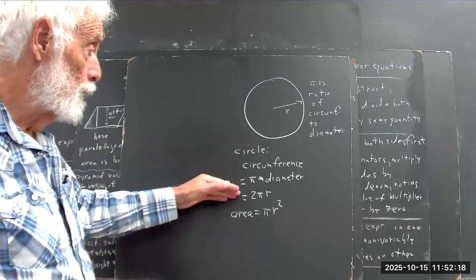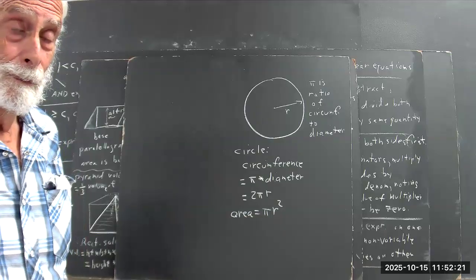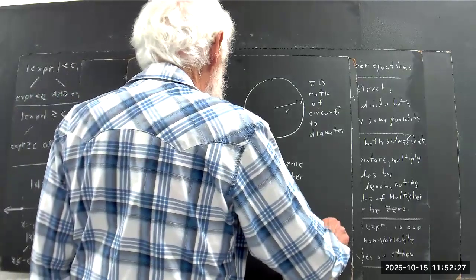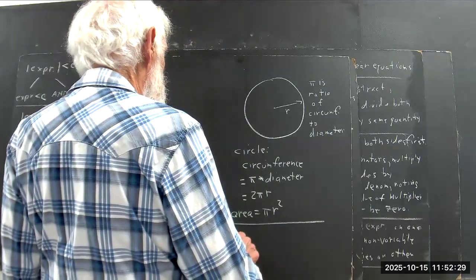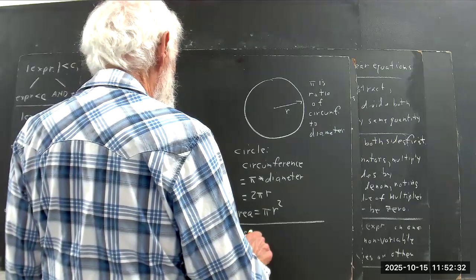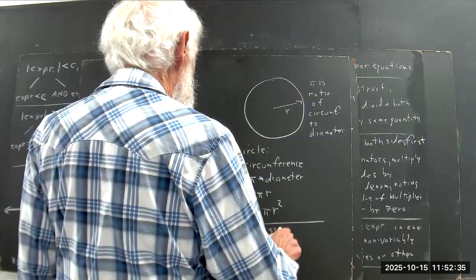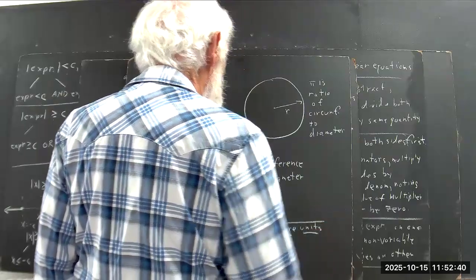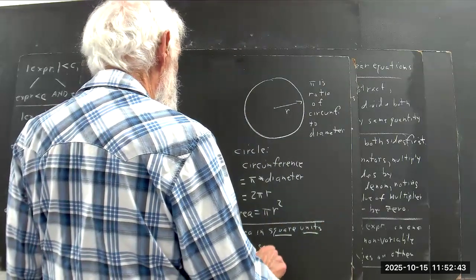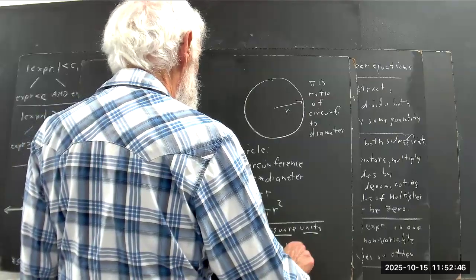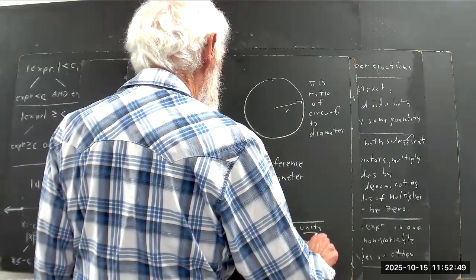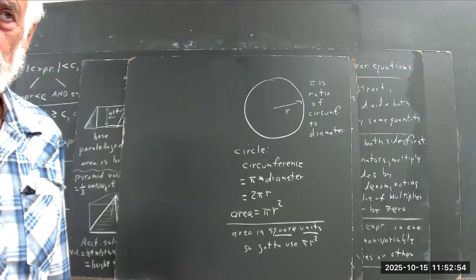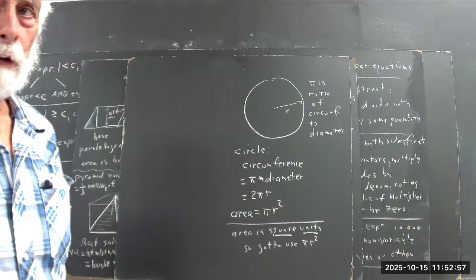So how can you tell which one's circumference and which one's area? Areas in square units. So you gotta use pi r squared. Okay?